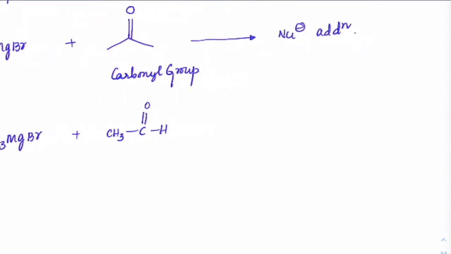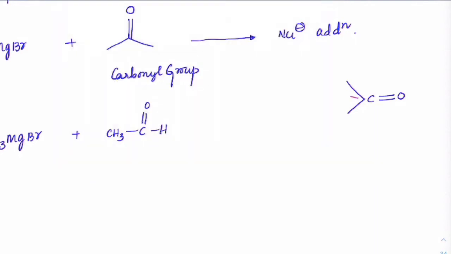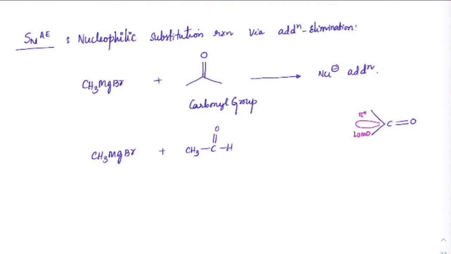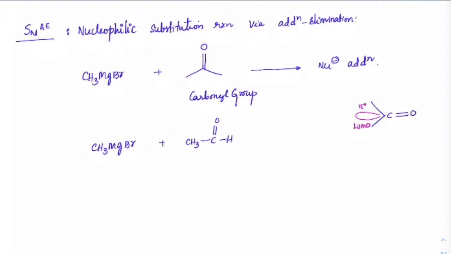During the starting of the sessions, I told you that when you have C double bond O, the pi star orbital of this carbon would be available as LUMO for bonding. As of now, I want you to understand that much: the carbon has a pi star orbital where a nucleophile can attack.